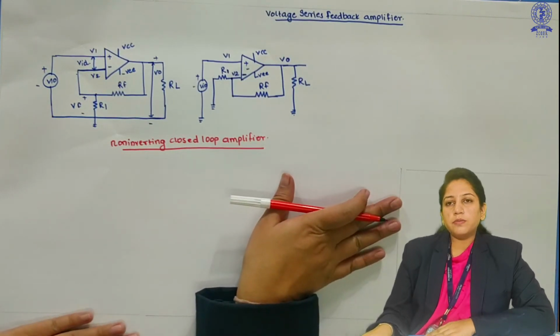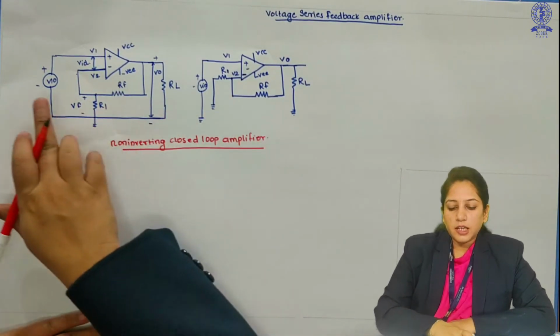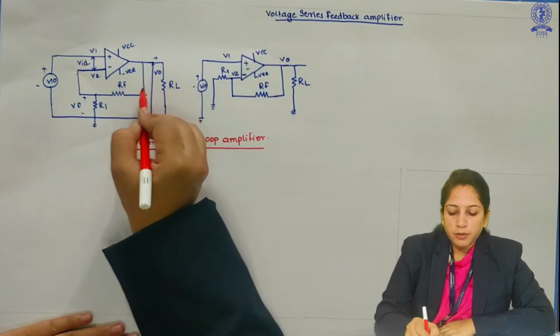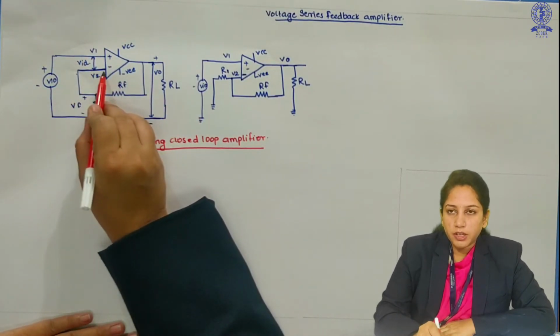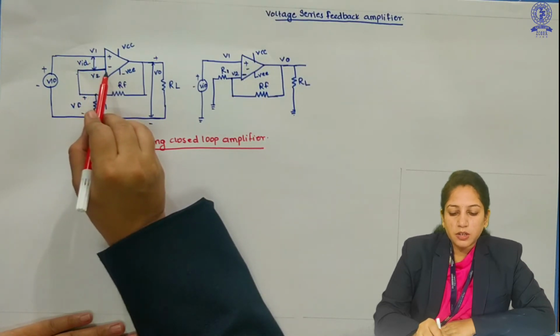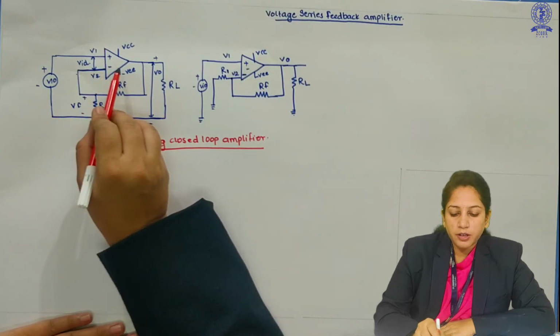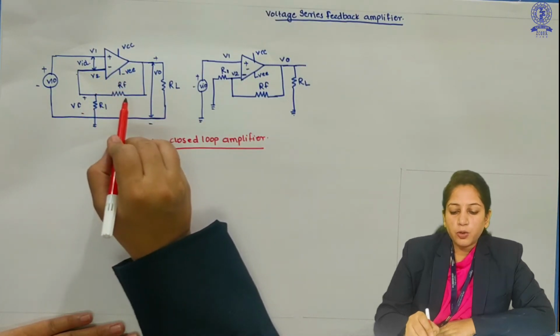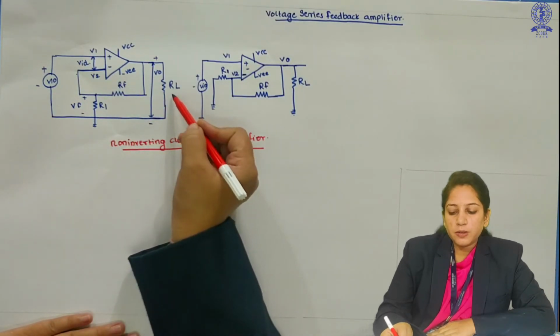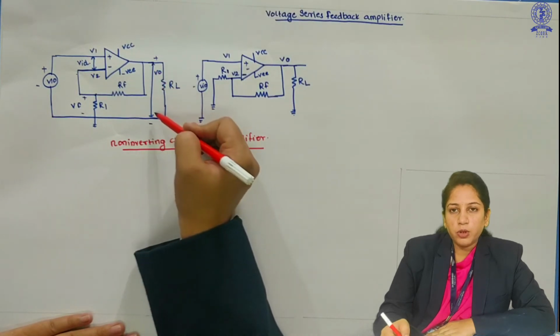Okay. So now here, as I have told, this is V in given to the non-inverting terminal. Here is a feedback resistance which is coming to the inverting terminal. So V1 and V2 are the two voltages applied here. So VID will be the differential voltage going inside the amplifier. R1 and RF together form a feedback circuit, and the load resistance is RL, and here I will get an output V0.